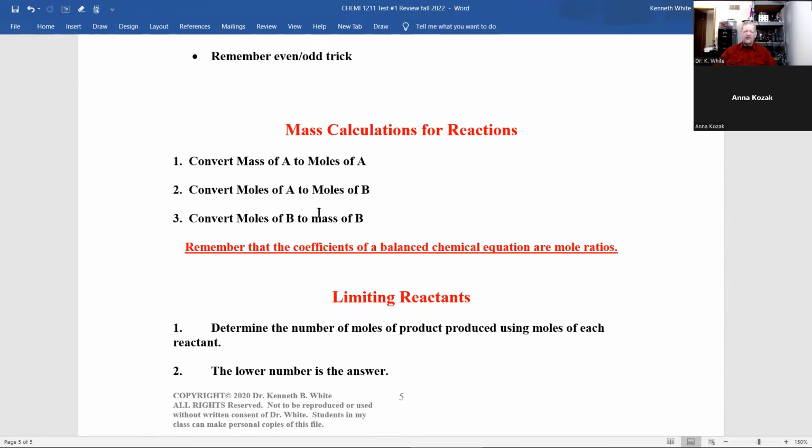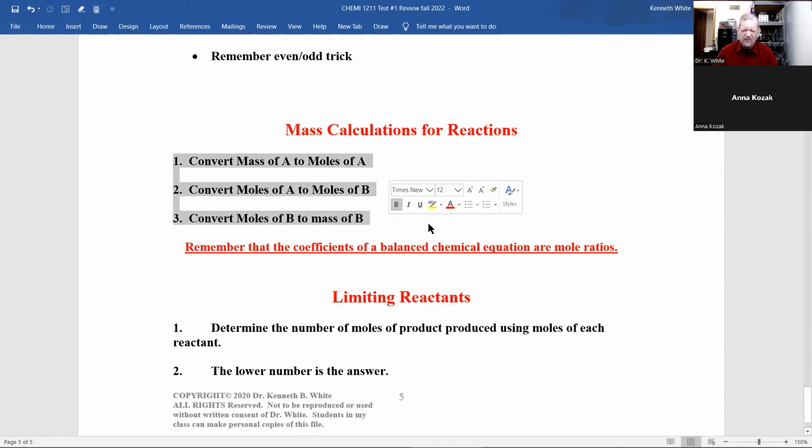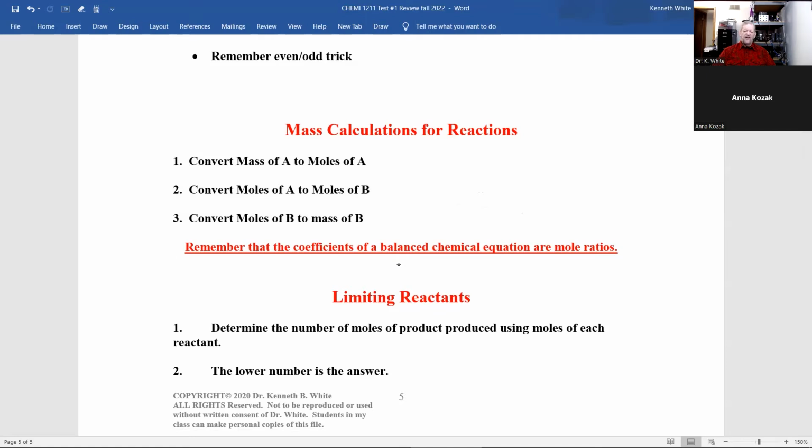And the only way you can do that is by these 3 steps. If you go back and look at yesterday's video, which is on YouTube, you'll be able to see how I did those 3 steps. And as I say here again, remember the coefficients of a balanced chemical equation are molar ratios.